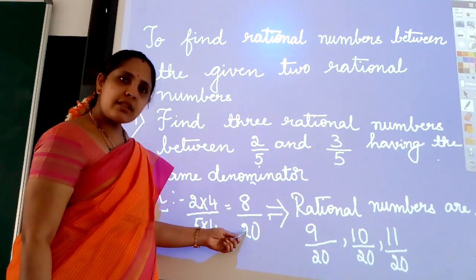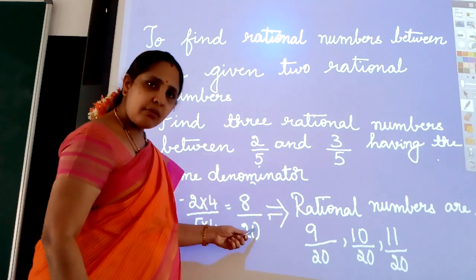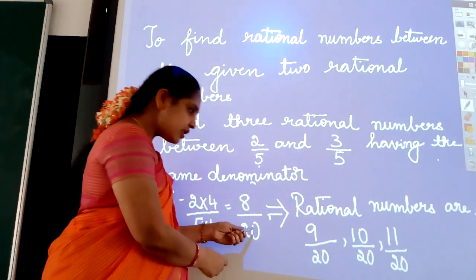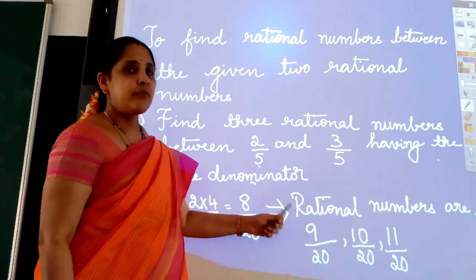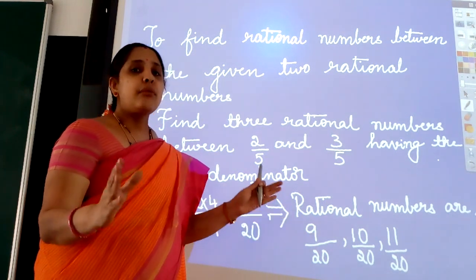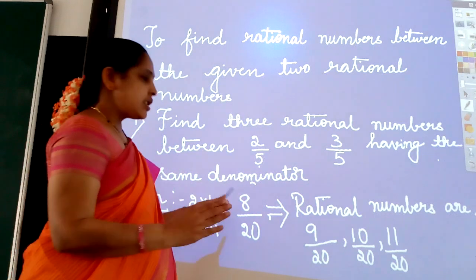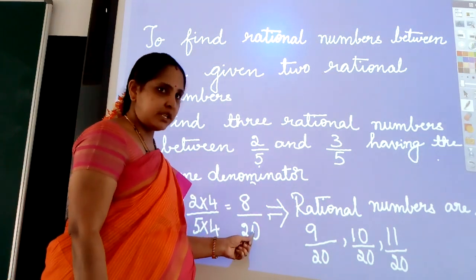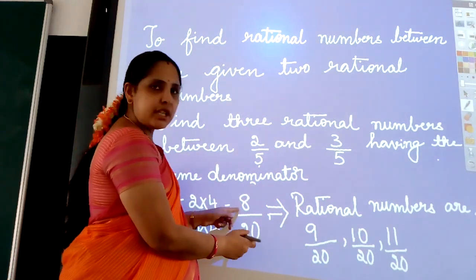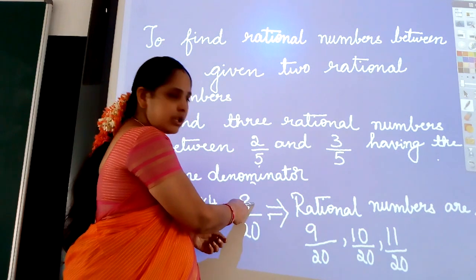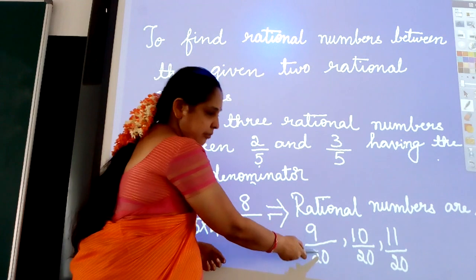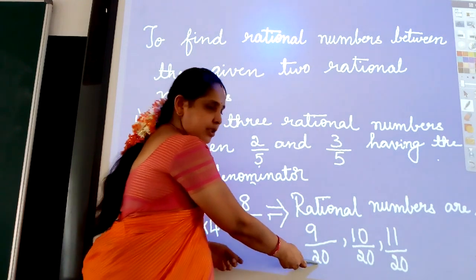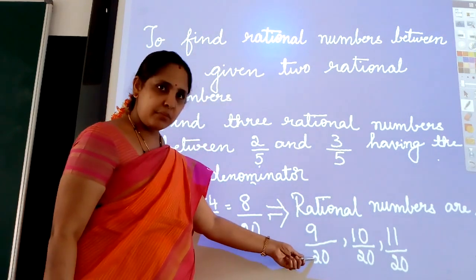So you can see here that the denominator of this equivalent rational number obtained is 20. Now we are going to look for such numbers whose denominator will be 20. So I add 1 to the numerator here. It becomes 9 by 20, which is the first rational number.